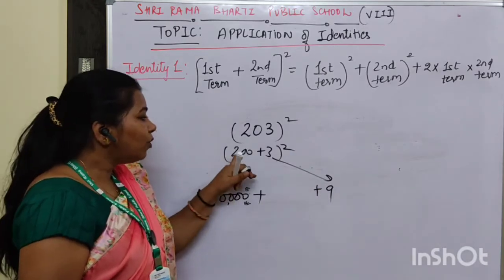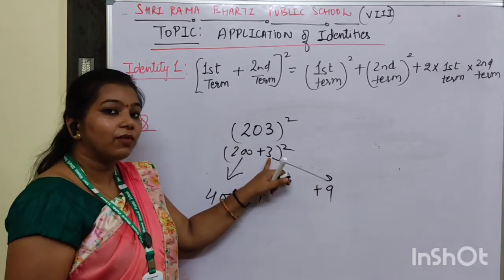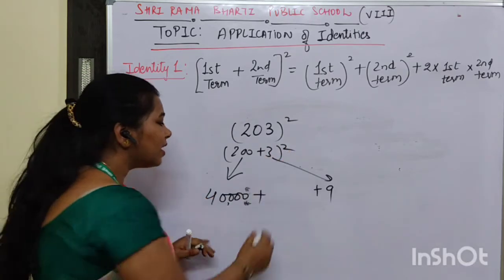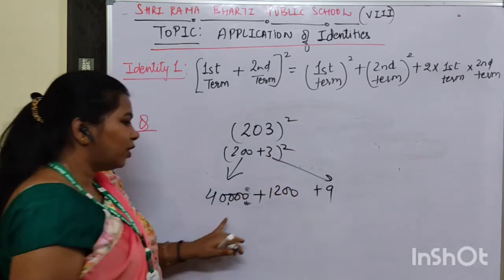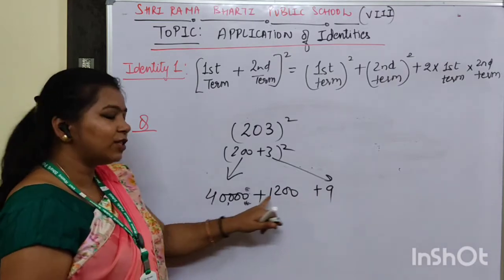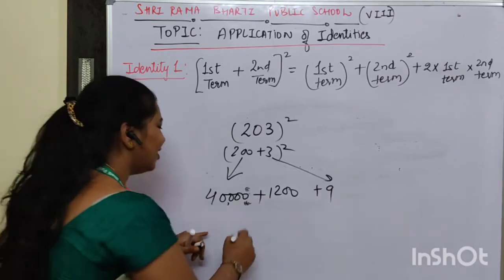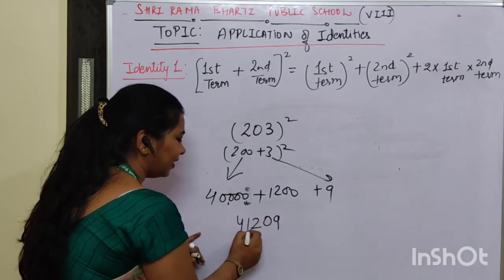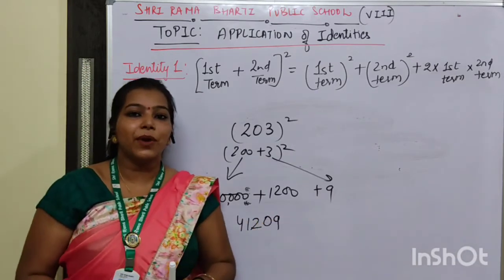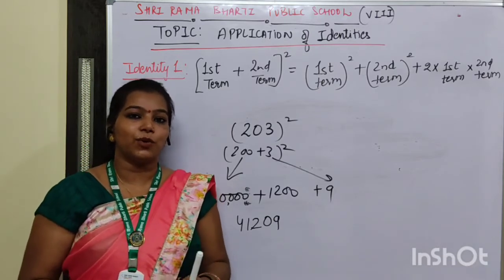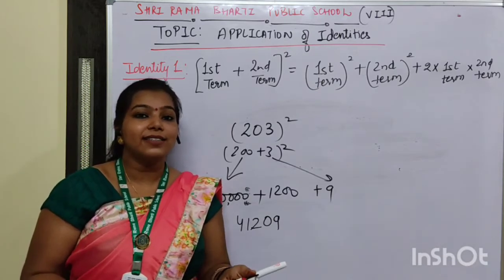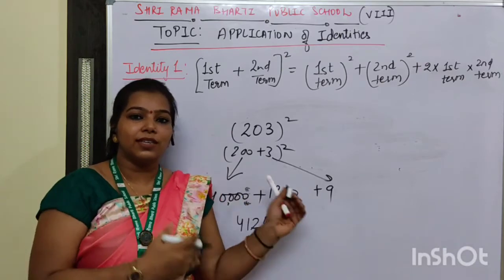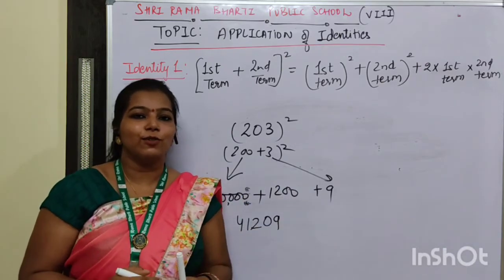Now 200 into 3 will be 600, and 600 into 2 will be 1200. So the answer would be 40,1209. So isn't it a quicker method to solve this question orally? With a few practices, you will easily be able to do the same question orally within a few seconds.